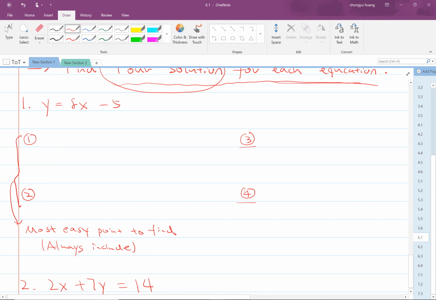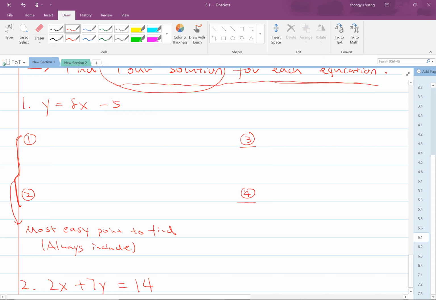For the third point and the fourth point, you can basically do whatever you want. So let's talk about the first point and the second point first.